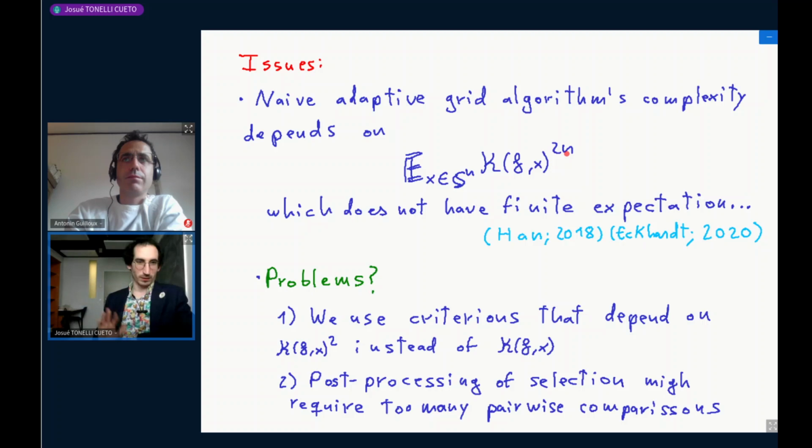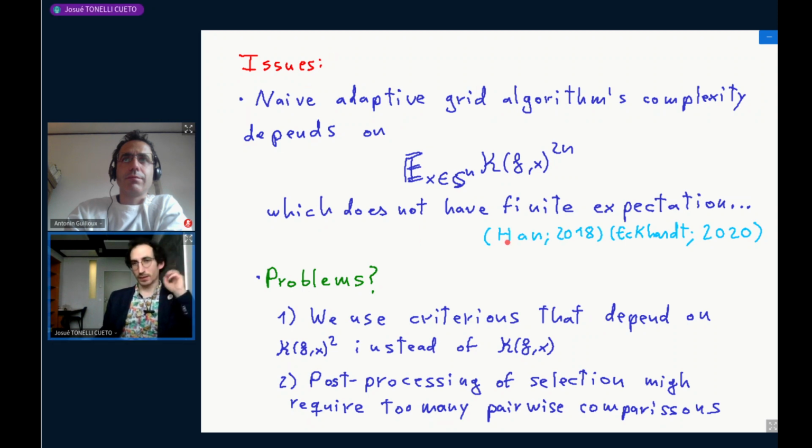This might not seem like a big change, but this small change is essentially the difference between finite and infinite expectation. This quantity doesn't have finite expectation; essentially, it blows up. This was done in a master thesis by Hahn and then a master thesis by Eckhart.